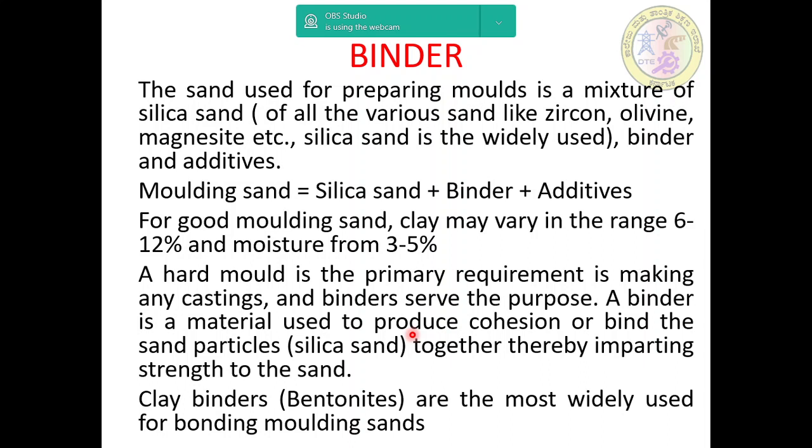On the other hand, too much water causes the sand to reach a semi-liquid state, making it unsuitable for molding. In other words, for a given percentage of clay, there is an optimum percentage of water that gives favorable properties to the molding sand. For good molding sand, the clay varies from 6 to 12%, and the moisture is around 3 to 5%.